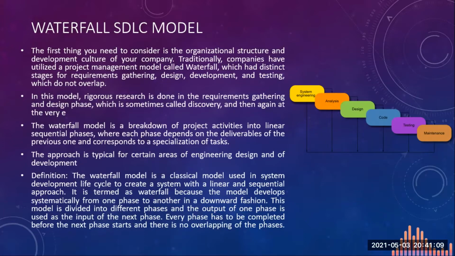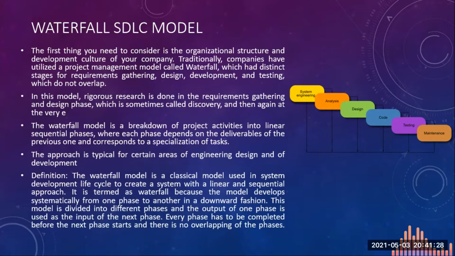The first thing you need to consider is the organizational structure and development culture of your company. Traditionally, companies have utilized a project management model called waterfall model, which had distinct stages for requirement gathering, design, development, testing, and these stages do not overlap.